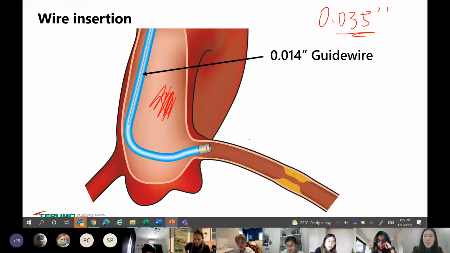It will never go into your coronary artery because it's thick and a bit stiffer, with a higher risk of piercing through your coronary artery. So we typically don't put such a thick and stiff wire into your coronary artery. What we use in your coronary artery is this 014 guide wire.